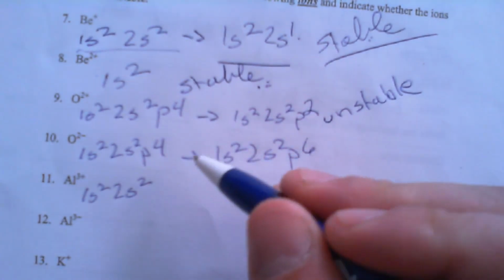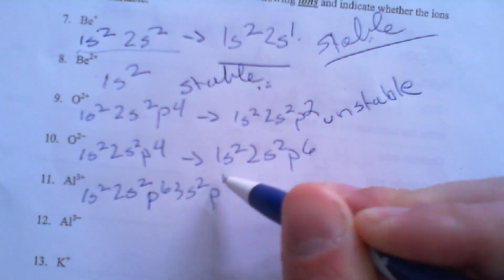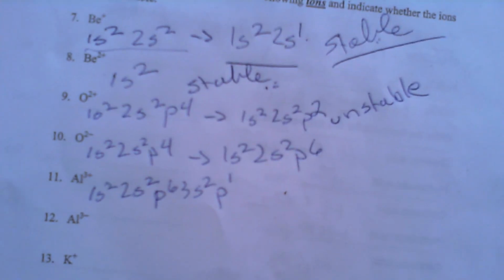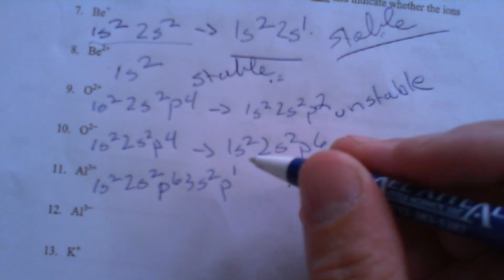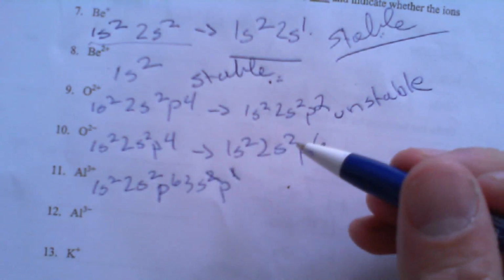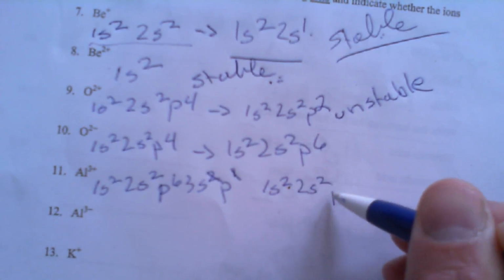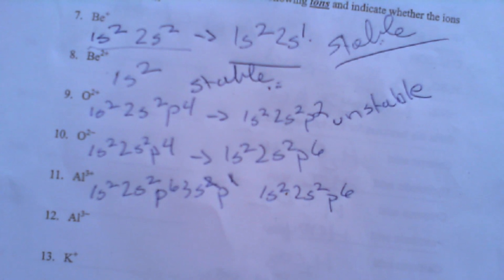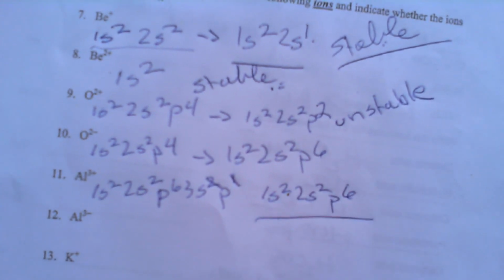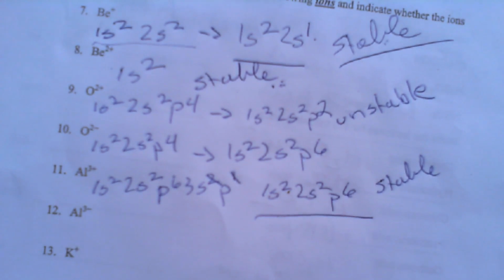So 1s2, 2s2, p6, 3s2, p1. Now, to get aluminum to a +3, I need to take 3 away. So I take the 1 here, and I take the 2 from there. That leaves me with 1s2, 2s2, p6 as the final answer. This is what you would give me for something that counts. So that looks stable to me. I would definitely call that stable based on the three rules that we keep bringing up.